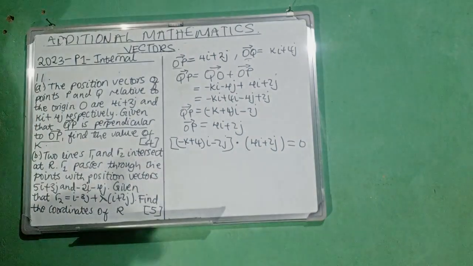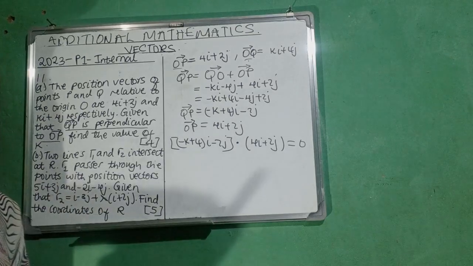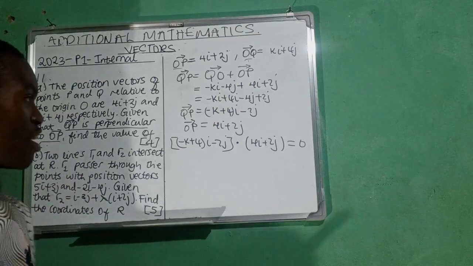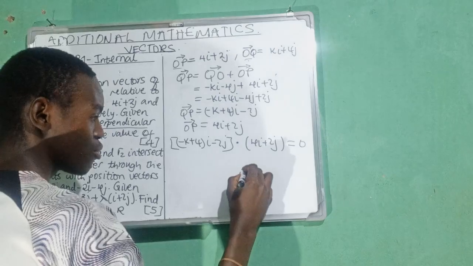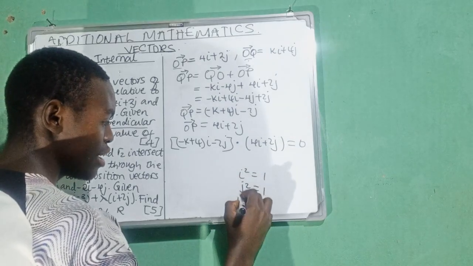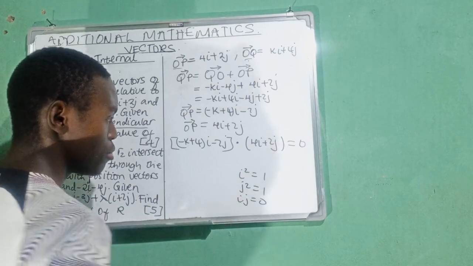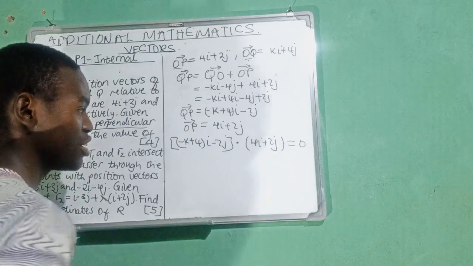So this now looks confusing. Interesting. How do we proceed? What I said: i squared is 1, j squared is 1, i times j is equal to 0. So let's take that into consideration.